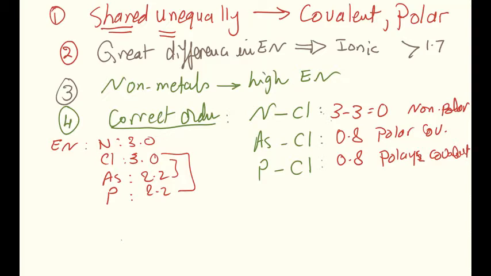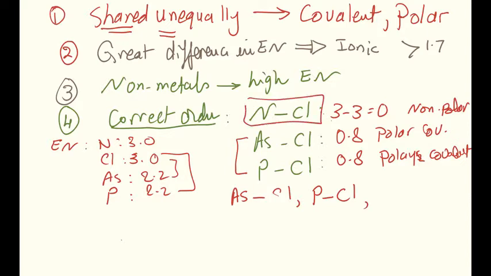If we need to arrange them in descending order of their polarity, both of those have the same order, so we'll put them in the same position, and NCl has the lowest value.